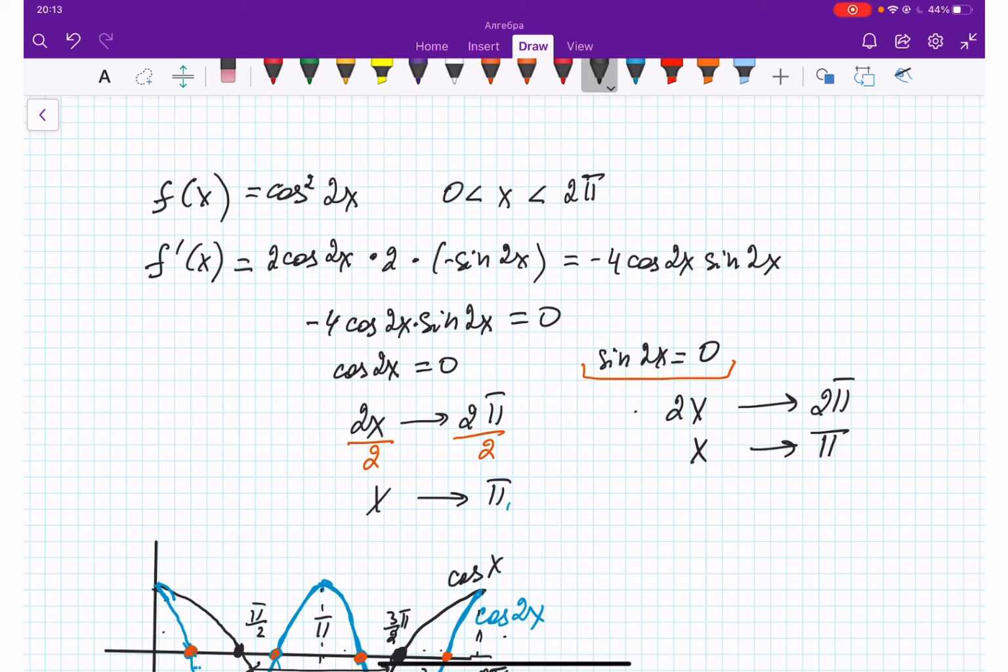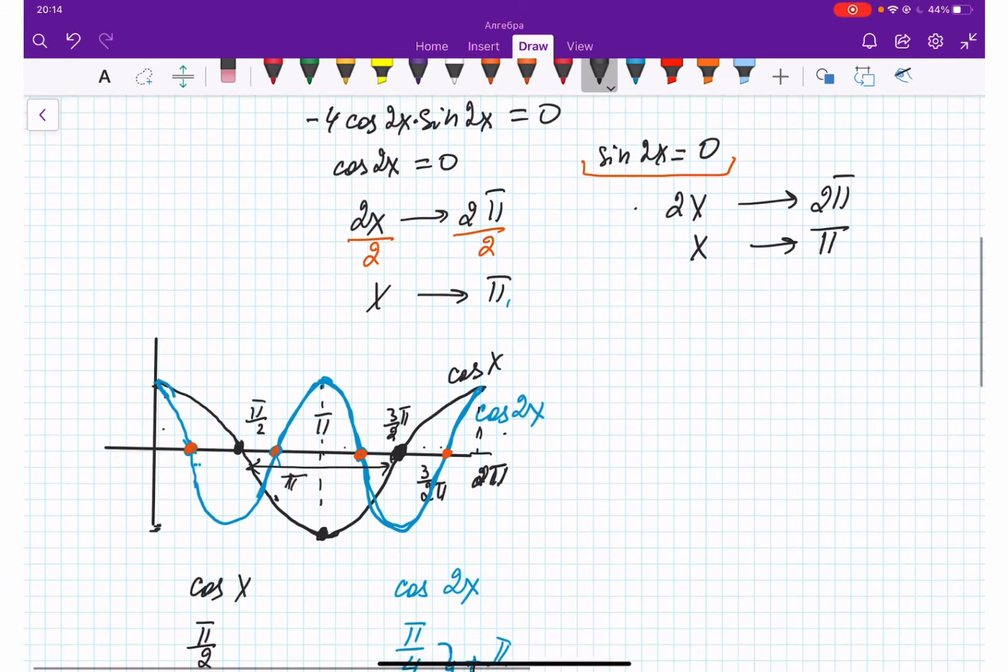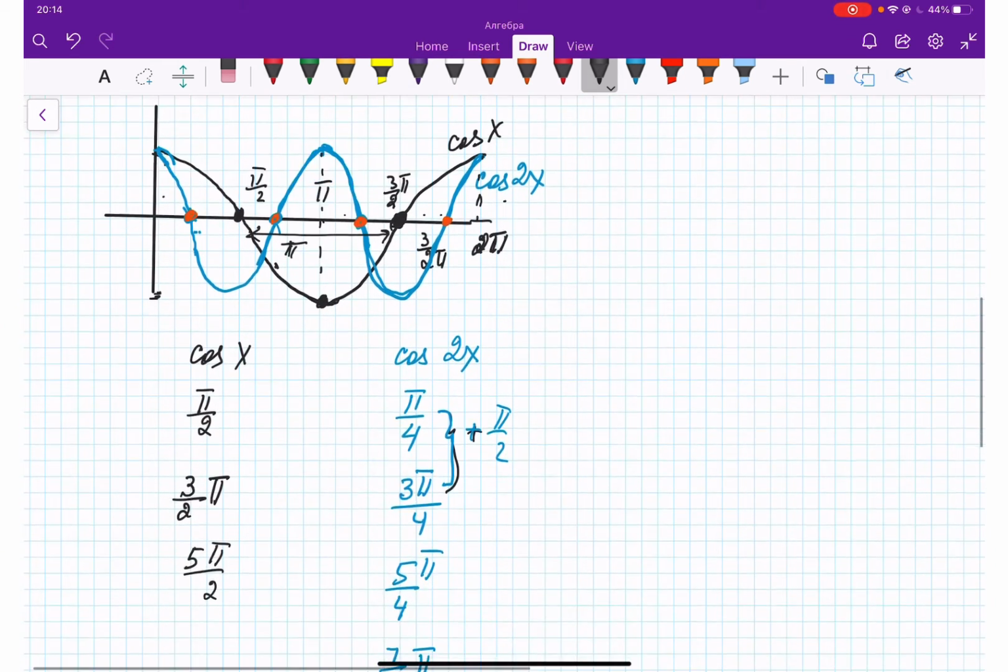All right. So let's find the critical points for sine 2x. So I will have here sine x, and here I will have sine 2x.